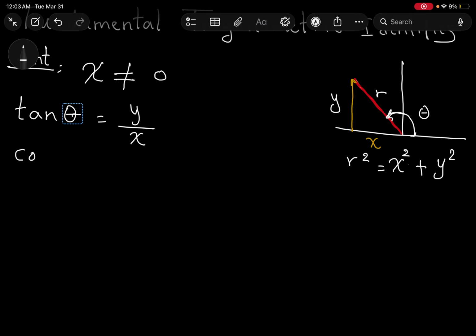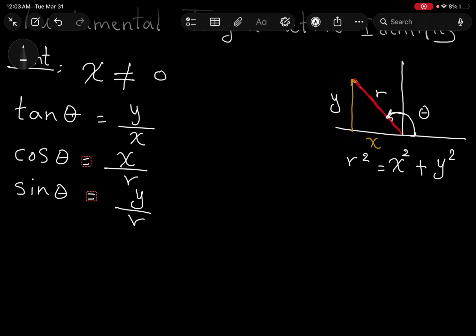Cosine theta equals x over r. And sine theta equals y over r.